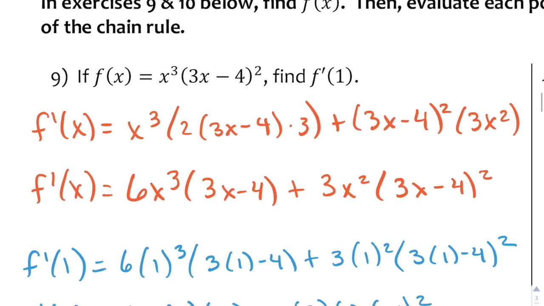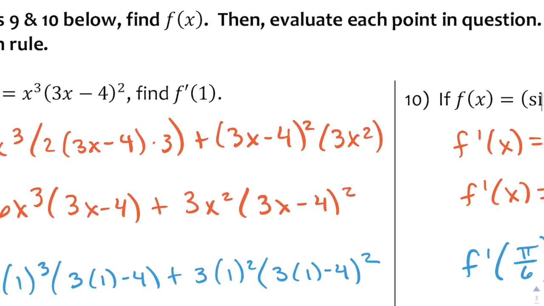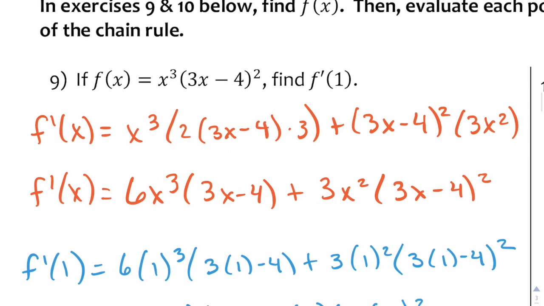All right, numbers 9 and 10. We're going to find the derivative and then evaluate at the location that we are given. So, wow, there's a lot going on here. I chose to use the chain rule, even though I could have just distributed everything together and got a huge number and worked with it. But just follow along with my work. I did the first function.